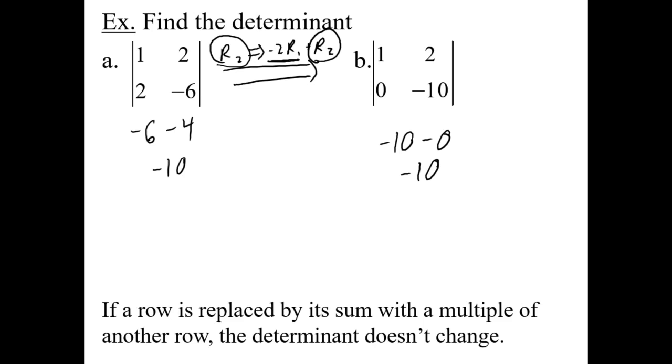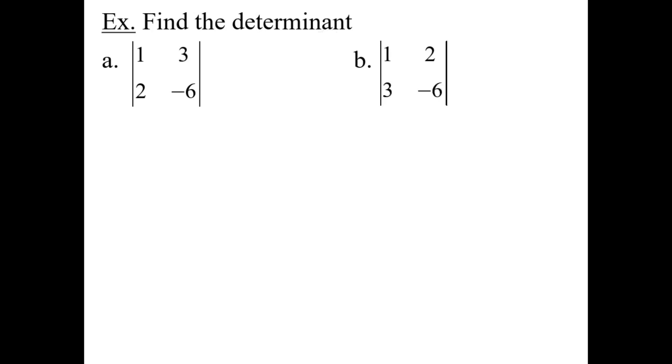But please note that if I also did something in row 2, maybe we had to subtract row 2, or maybe we had to multiply row 2 by a number, then the determinant will change, and you have to keep track of that. So the only way we can do this replacement without changing the determinant is if the row that's getting replaced is not changed. It's just added to another row, but the other row might be changed. Okay, so one more thing that we want to look at here.